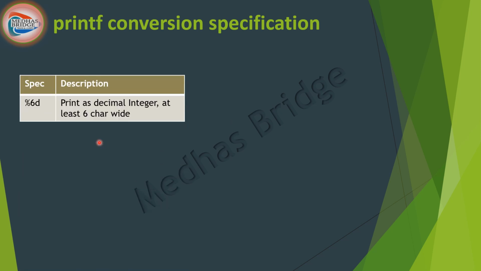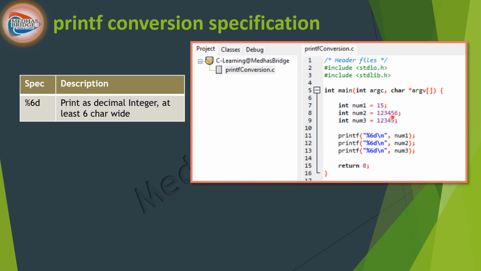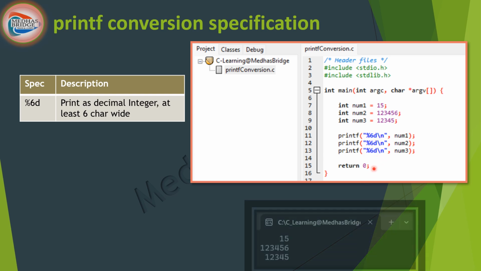Now we can call it percentage of 6d. Instead of d, you define some kind of number. Print as a decimal integer at least 6 characters wide. You are specifying the least character width you expect printf to display on the console. Okay, if you see this example, it is the same thing, but instead of percentage of d I put percentage of 6d. Then how would the output be?